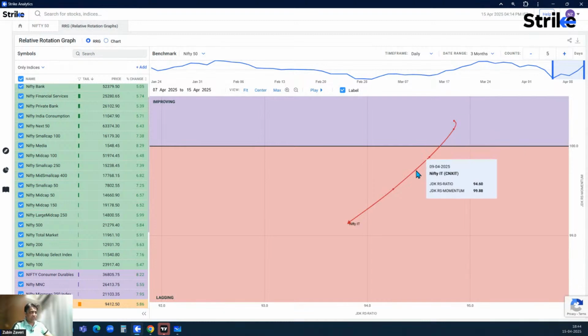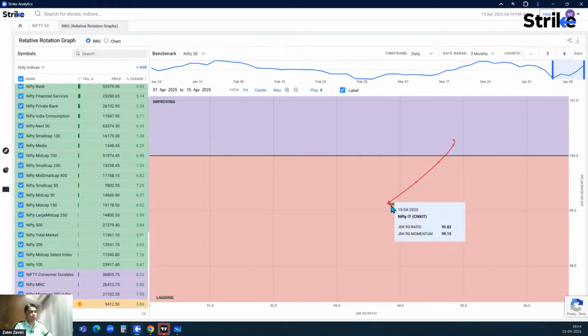So clearly, when the arrow is sloping downwards and towards the left side, this is the southwest direction. If any arrow is sloping towards the southwest direction, what does it mean? It means that the momentum is being lost, and compared to Nifty, it is also underperforming.